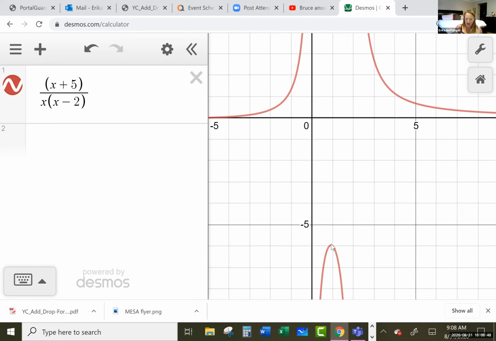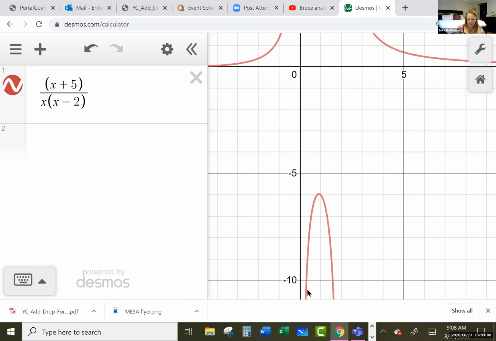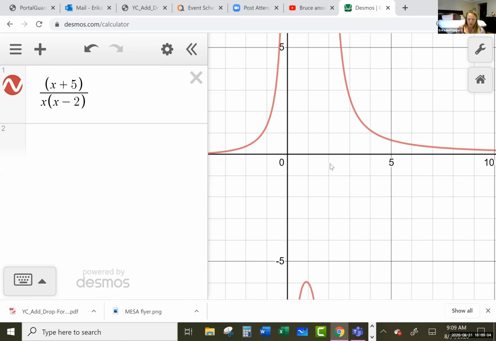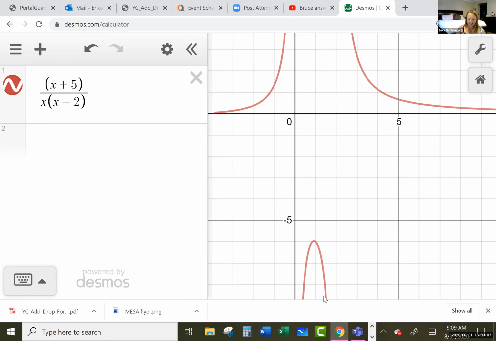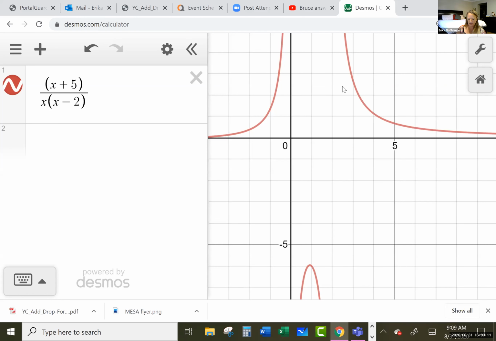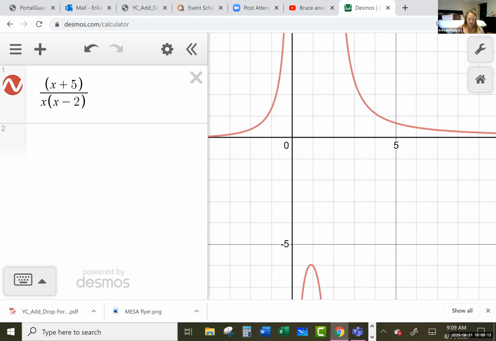This is called a local maximum point. We'll have tools with calculus to find this number, but not now. But I knew that as x was approaching 0 on the right, it was shooting downwards. And then this is x equals 2. So x equals 2 on the left-hand side, I said it was going to negative infinity, but on the right-hand side, it was shooting upwards. So we had a general sketch by knowing the limits at those couple values.